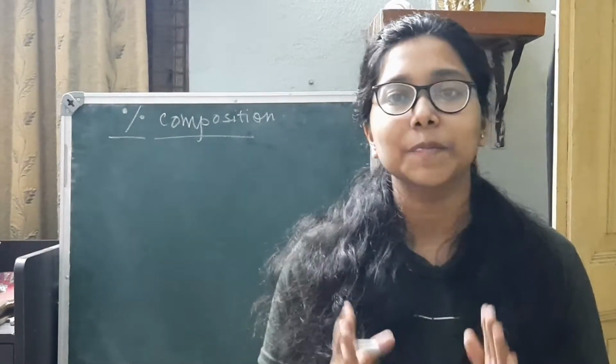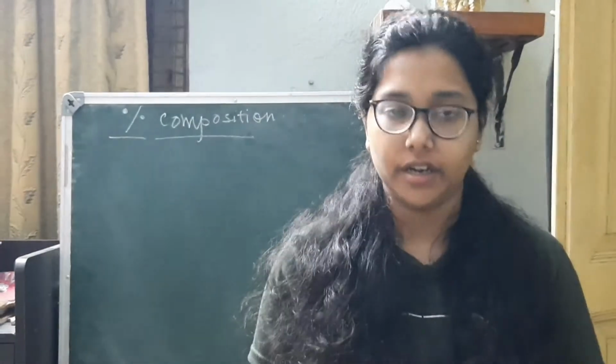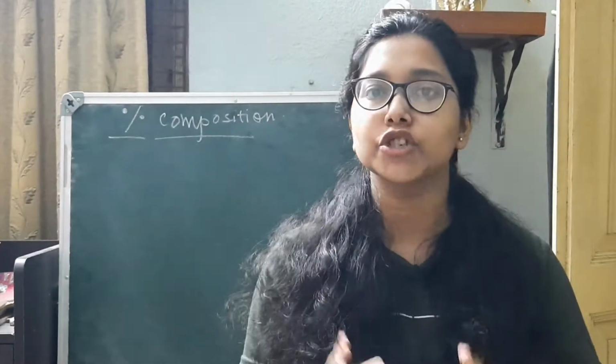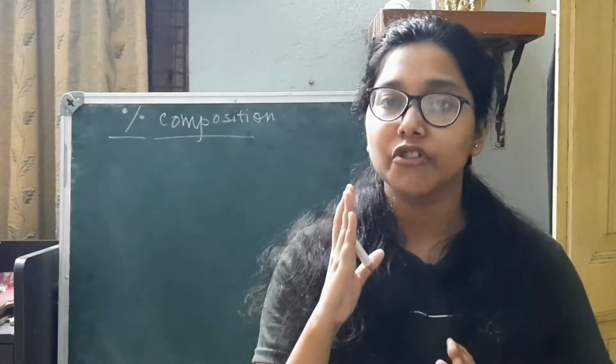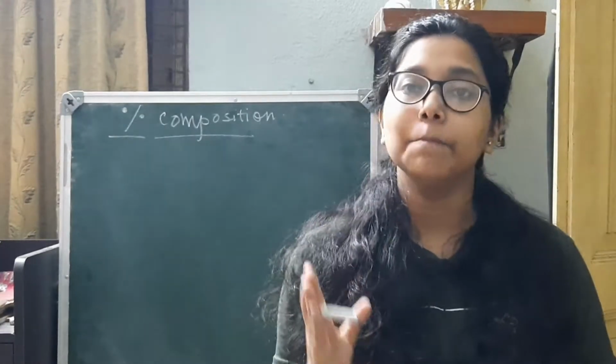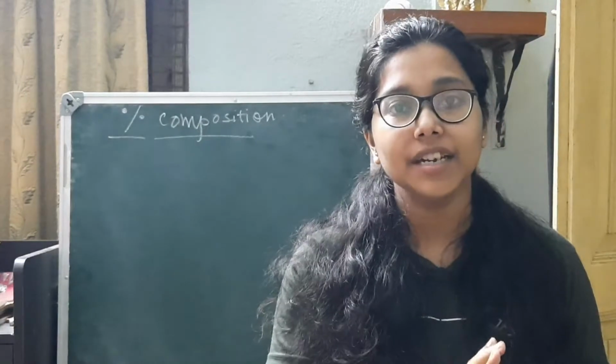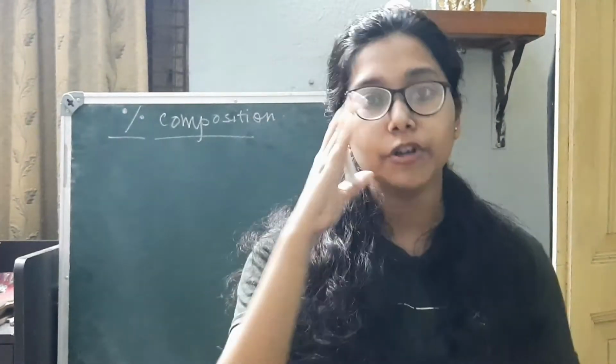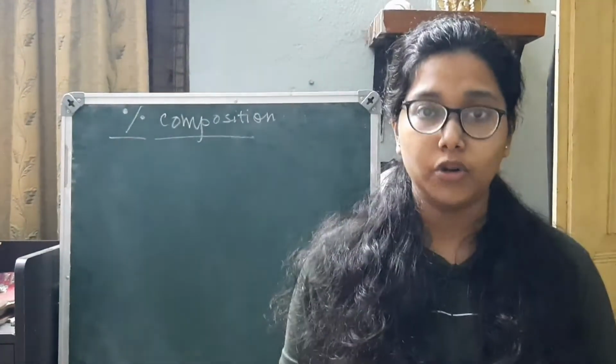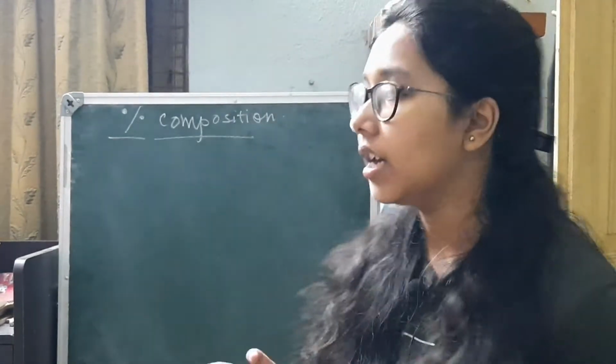So now what is percentage composition? When I say percentage composition, I am trying to find out the percentage by weight of an element present in a particular compound. So it is the composition of that element with respect to a particular compound, or the percentage of the element present in a particular compound.